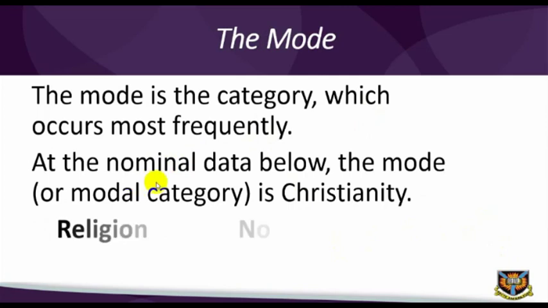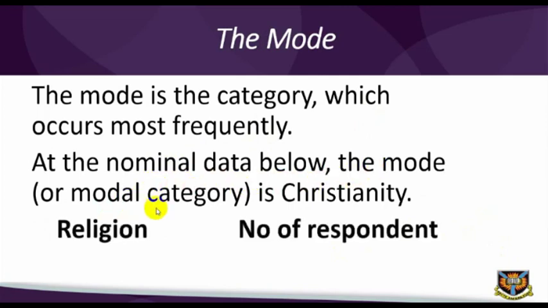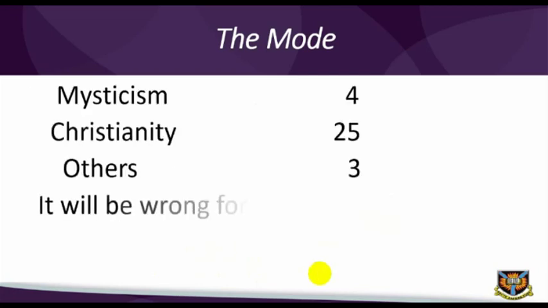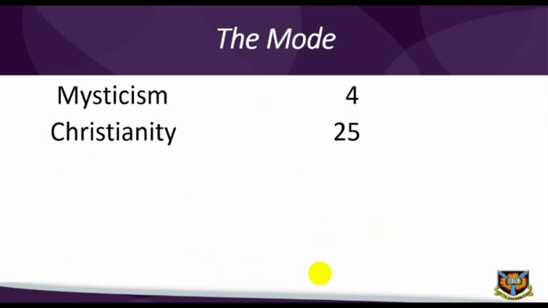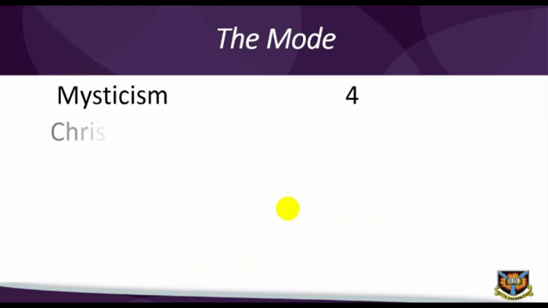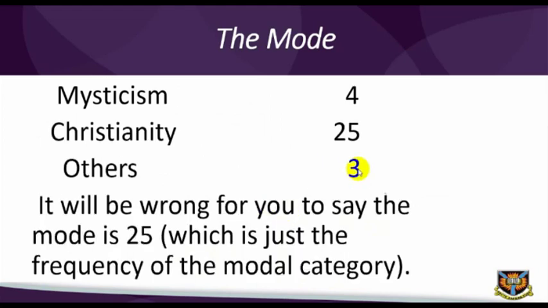In the nominal data below, the mode or modal category is Christianity. Religion: Christianity, Islam, mysticism, others. Number of respondents: 17, 4, 25, 3.